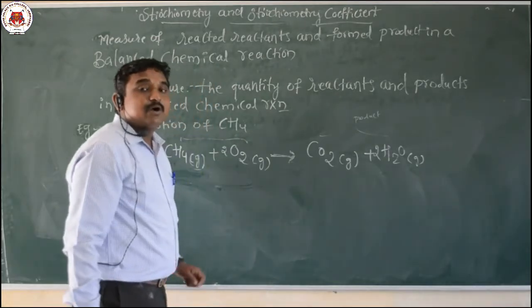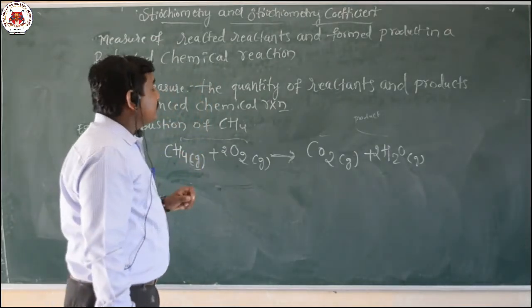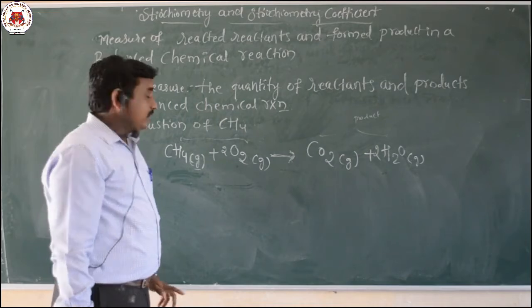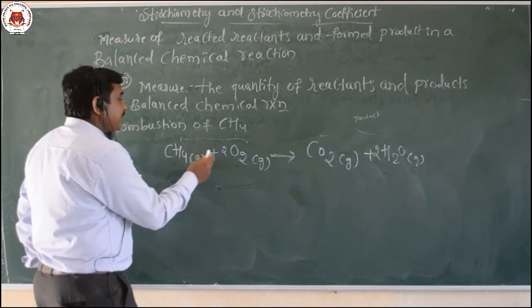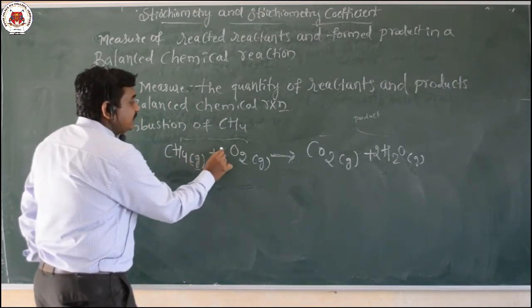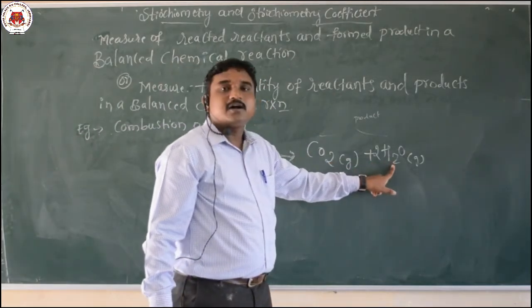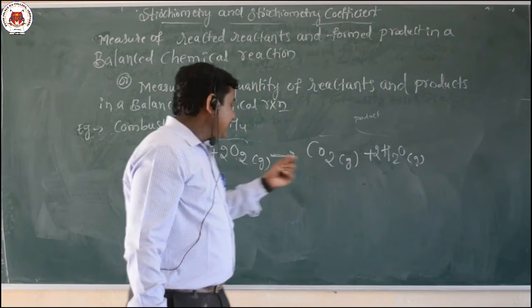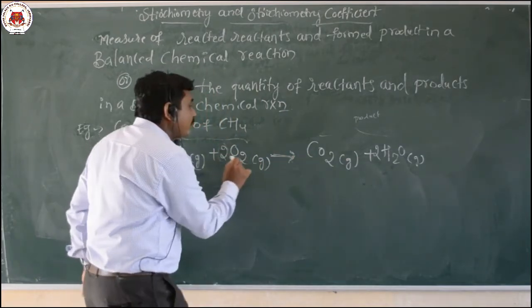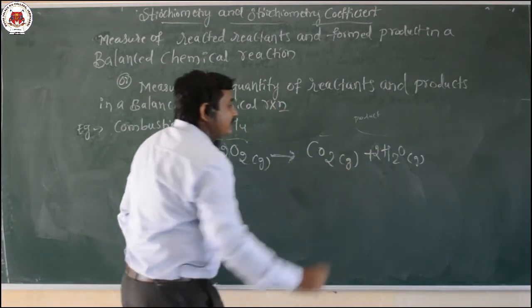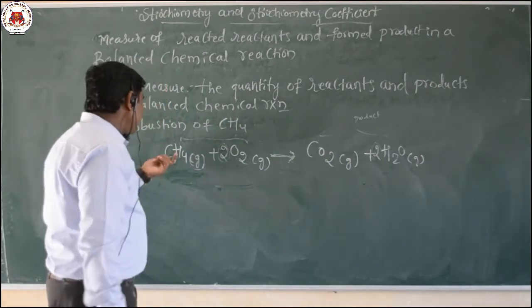Now what do you mean by stoichiometric coefficient? Here the coefficient 2 for oxygen and 2 for water, these two are called stoichiometric coefficients. Now let me explain.